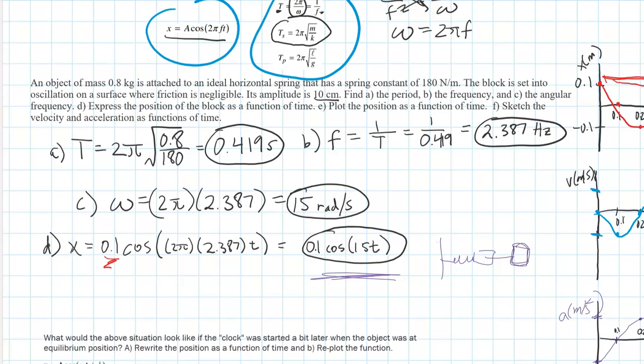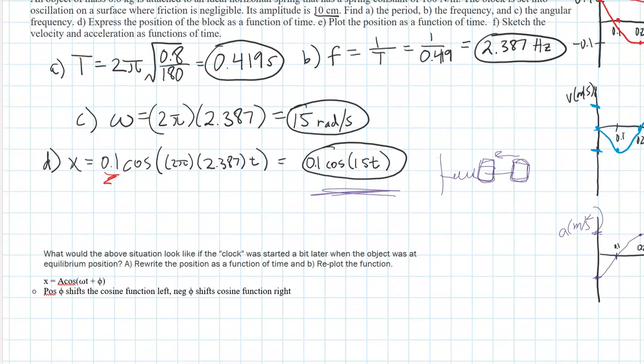But what if we didn't quite start the clock then? What if we didn't start the clock until this block was at its equilibrium position there? So we want to rewrite the position as a function of time, and we want to replot the function.